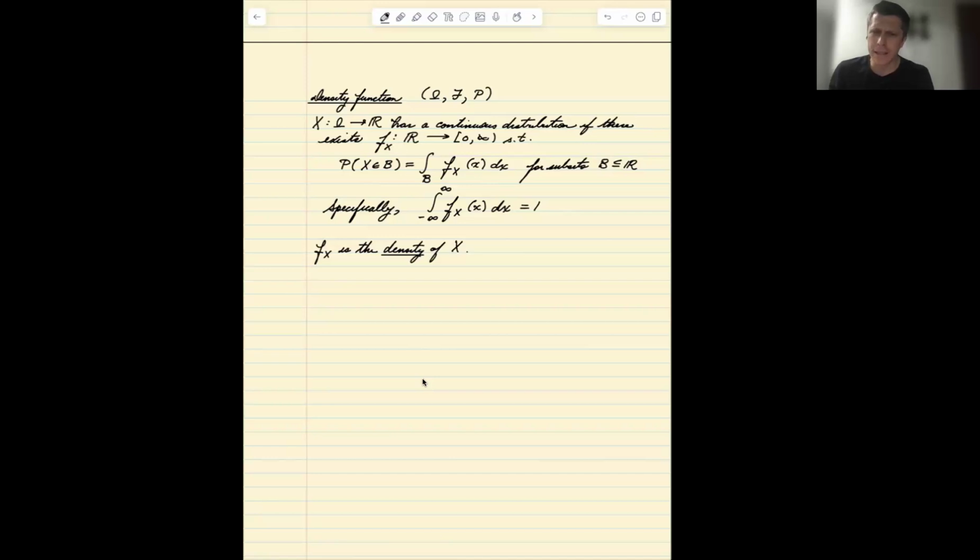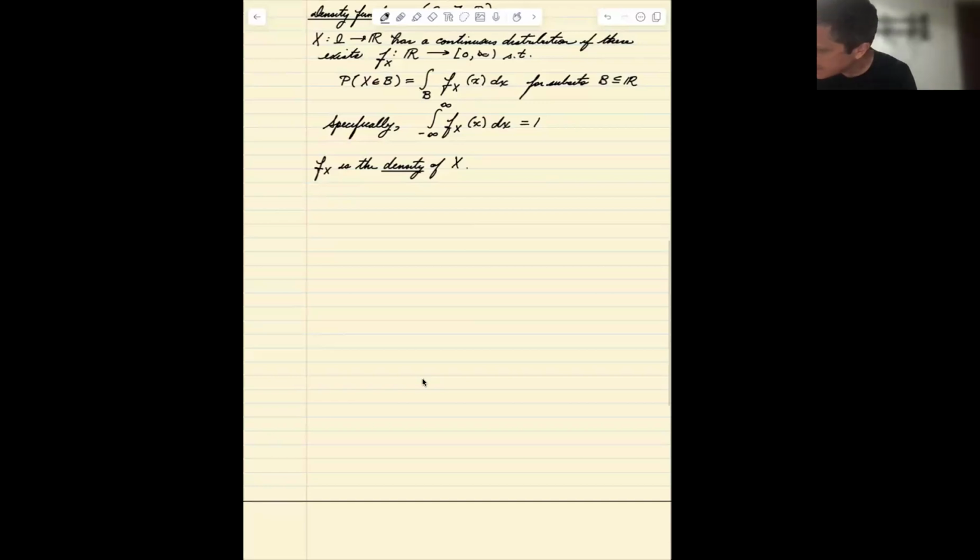So how can we think about this? Intuitively, the possible values that x can take are anywhere from minus infinity to infinity.